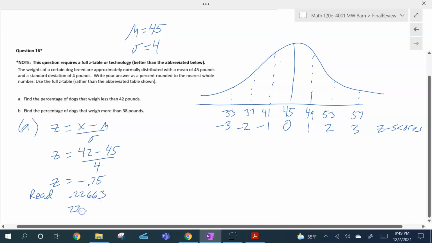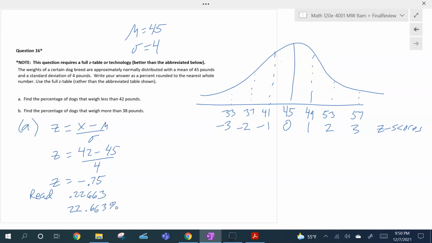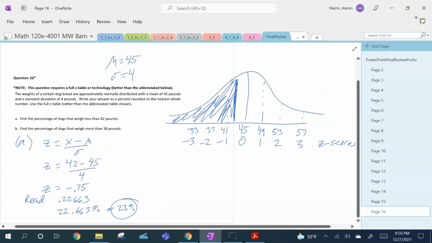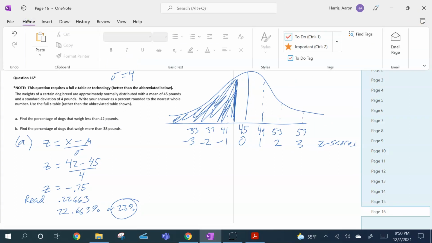So 22.663%. In other words, if you round it to the nearest percent, 23%. Okay, so that's saying that's right here and below, that's 23% of the dogs weigh less than 42 pounds. Again, I'm going to undo that because I'm going to draw on this.